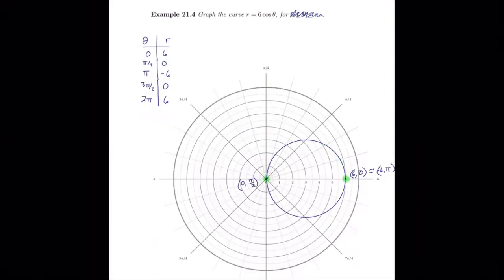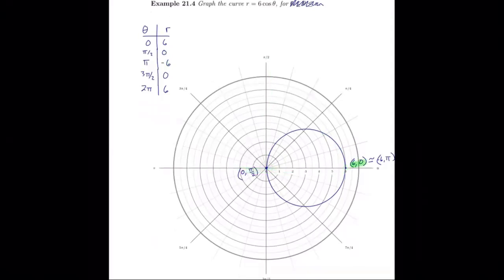Now, pi gives negative 6. Pi would put us here, but since we got a negative number, we have to reflect it back this way, to the right. So we end up plotting the point at the same place that our first point was. So (6, 0) is coincident with (negative 6, pi).